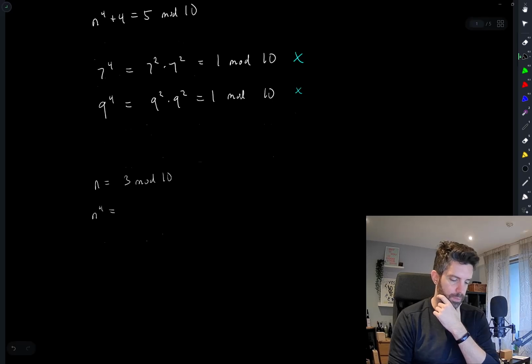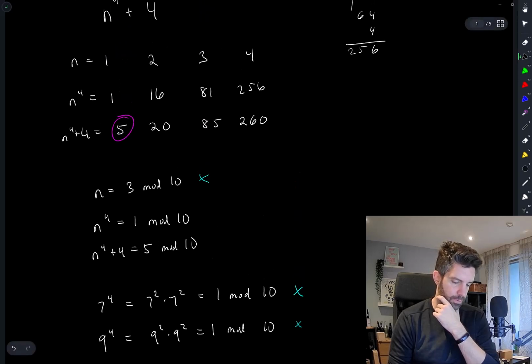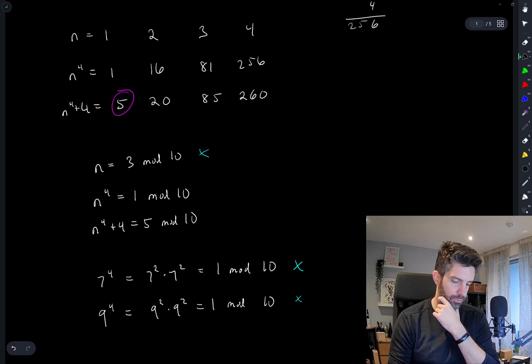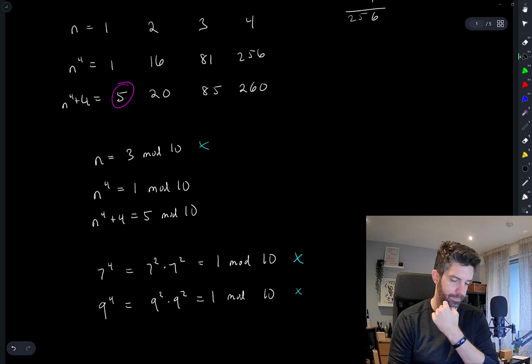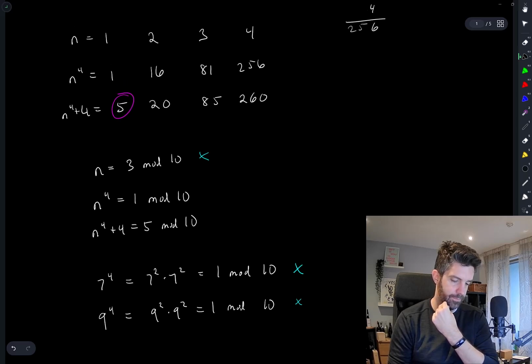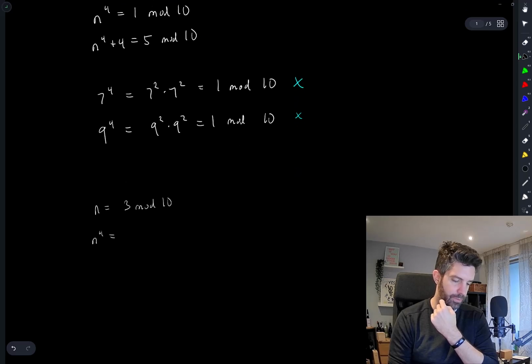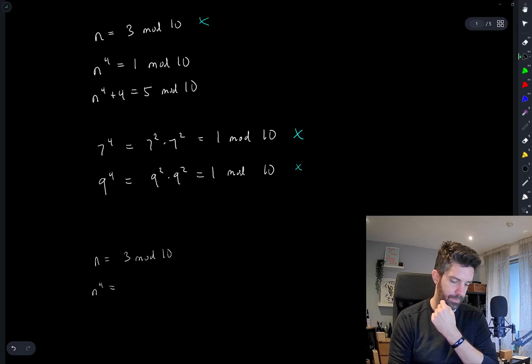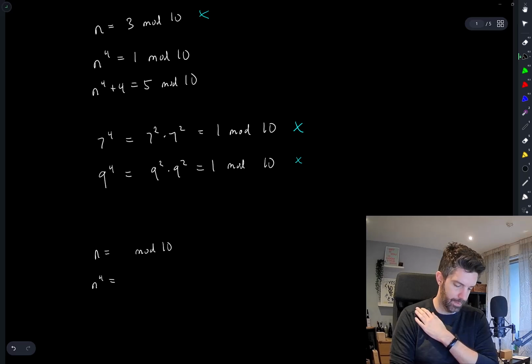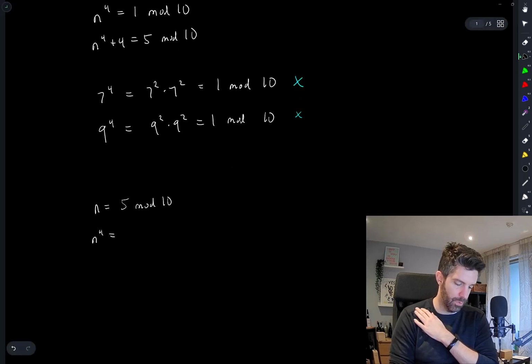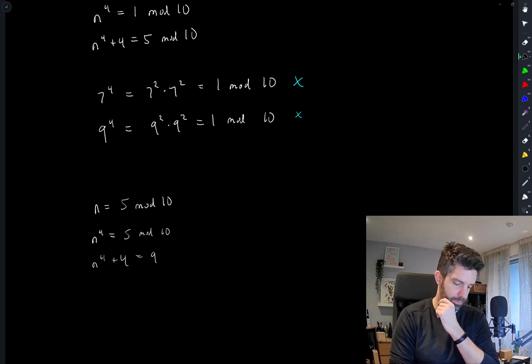Oh wait, no, this is also going to be 1 mod 10. Oh, sorry, it's not 3 that's broken, it's 5. n is equal to 5 mod 10. So n to the 4 is also 5 mod 10, so n to the 4 plus 4 is 9 mod 10.